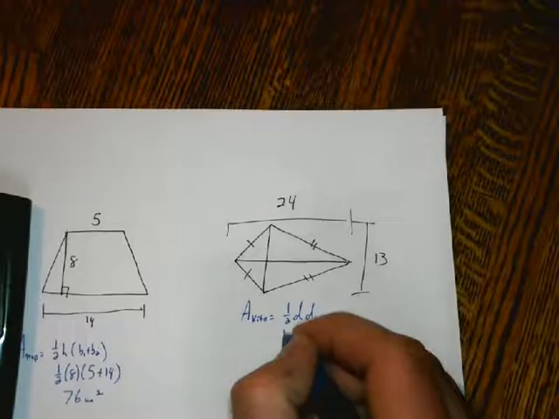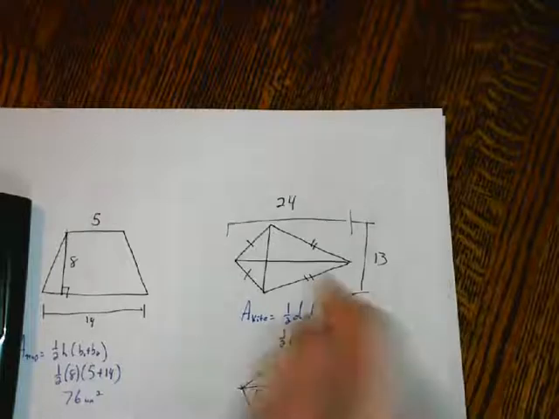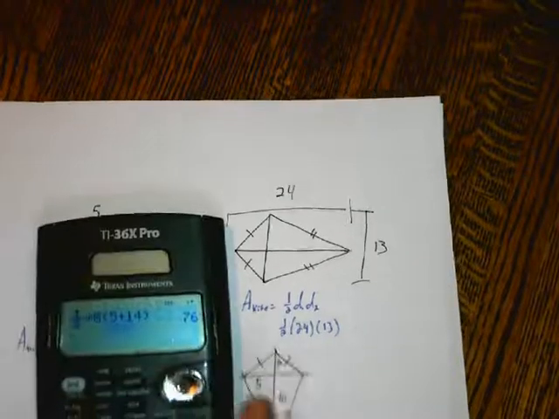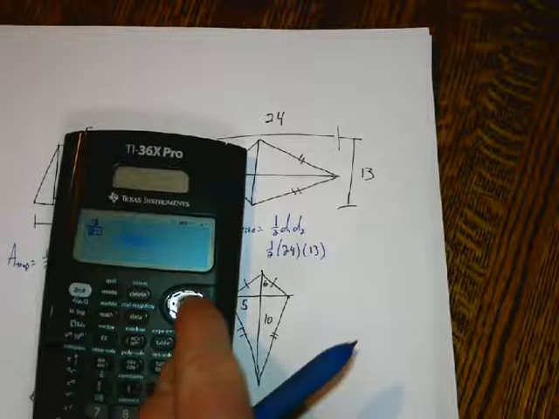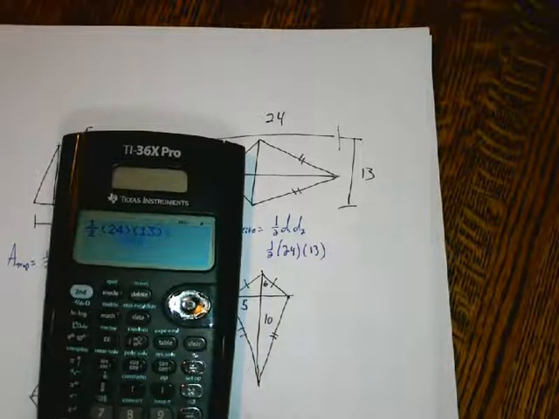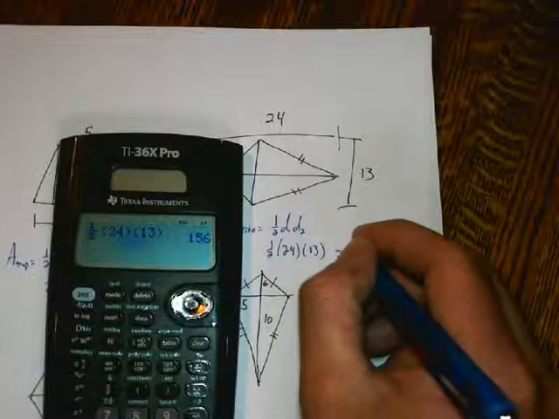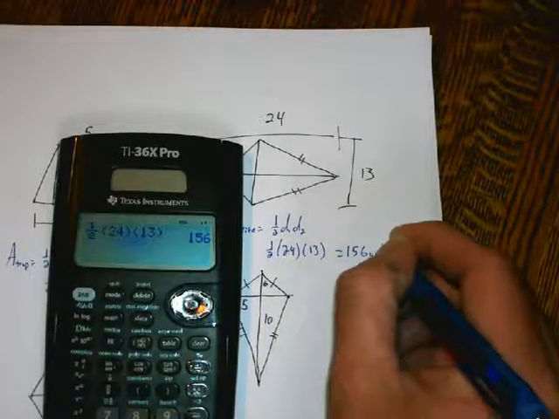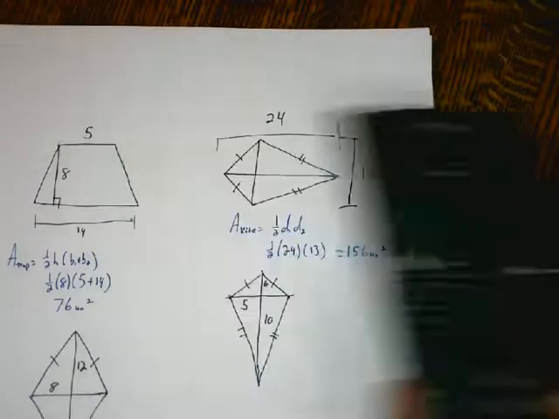So we get 1/2 of 24 times 13. Once again, go to my calculator, 1/2, 24, 13. I can use multiplication symbols or parentheses. Either way, it will work just fine. And we get 156 something squared.